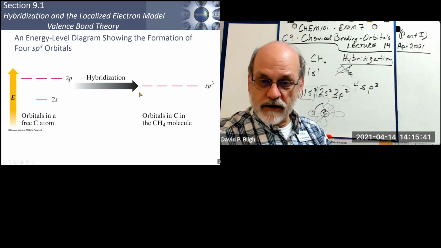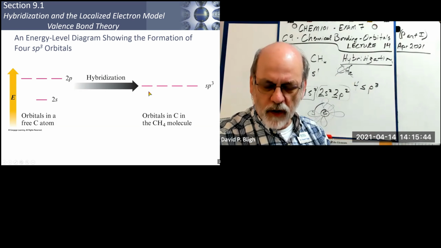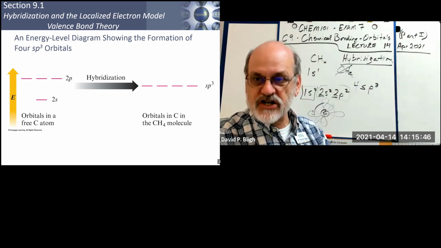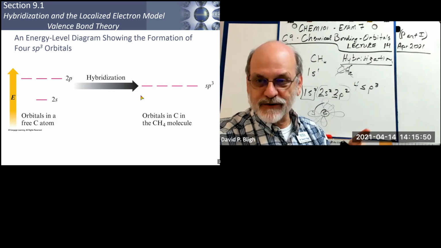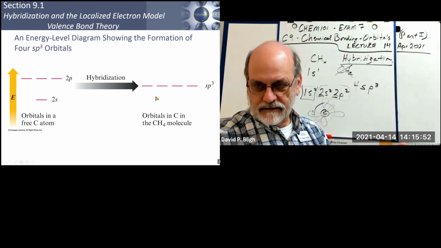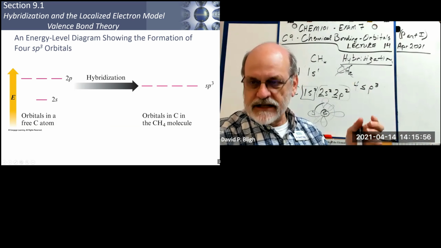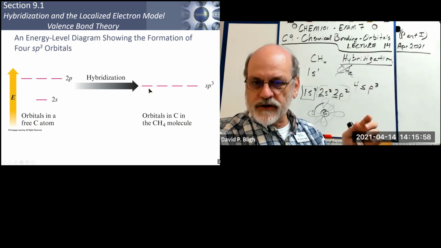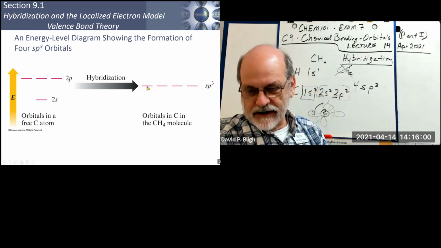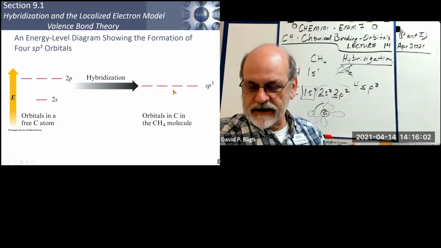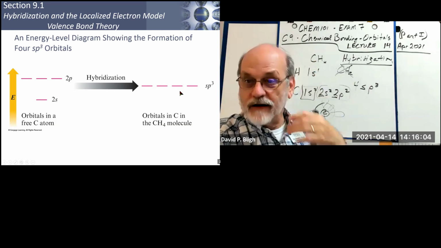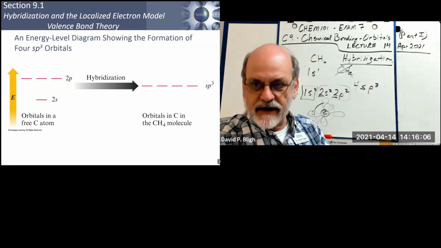But if you're going to have equivalent orbitals, and the word in chemistry for that is degenerate. When you hear that word in reference to chemistry, don't think it's some kind of name for a pervert. Degenerate orbitals are those that are equivalent in energy. So these 4 orbitals are equivalent in energy, and they're derived from the p's and the s.